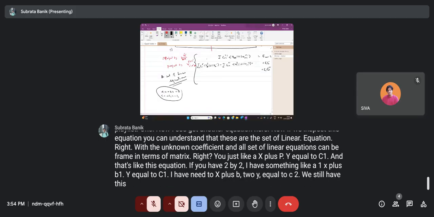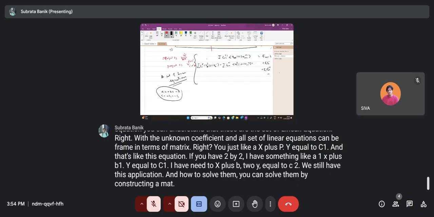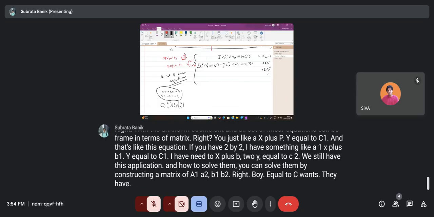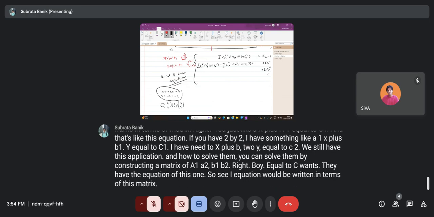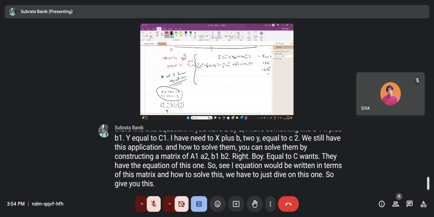And how to solve them? You can solve them by constructing a matrix of a1, a2, b1, b2, right? Times x, y equal to c1, c2. That's the equation you have to solve. So the CI equation would be written in terms of this matrix. And how to solve this? We have to just diagonalize this one. That should give you the solution.